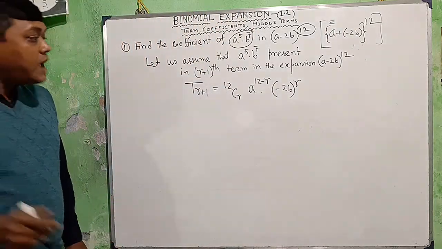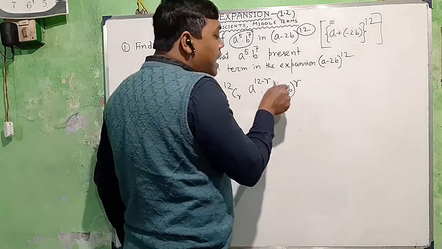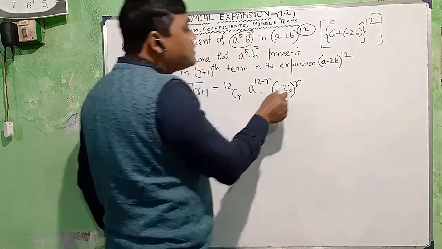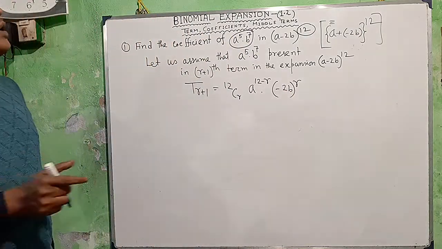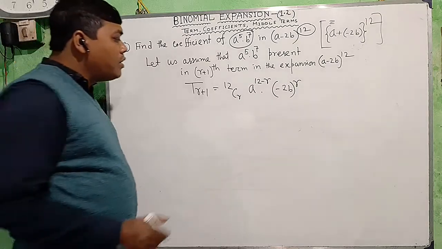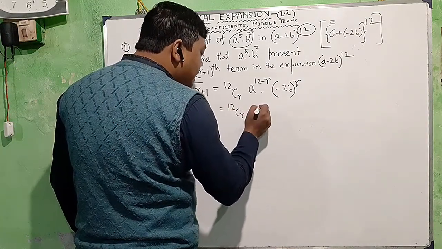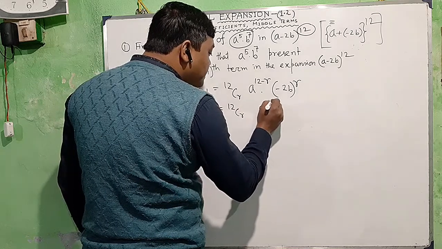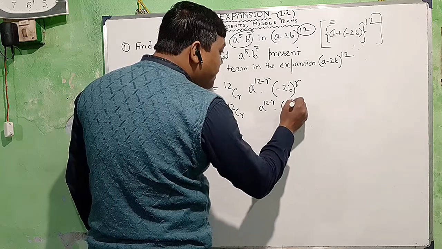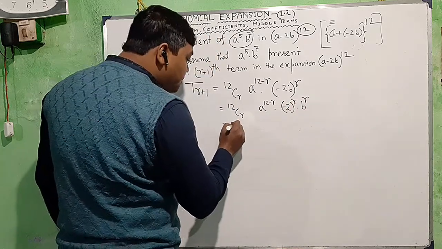Okay, so that's why 12CR a to the power 12 minus r into minus 2b, here b is replaced by minus 2b whole to the power r according to the given question. So now after some calculation, 12CR a to the power 12 minus r, by using the indices rule, minus 2 to the power r into b to the power r.